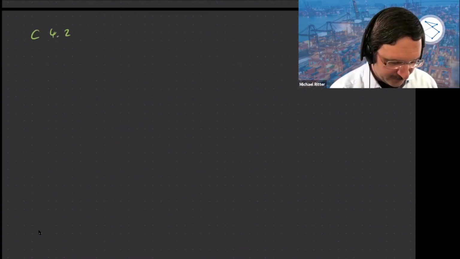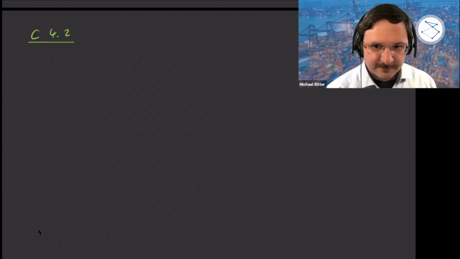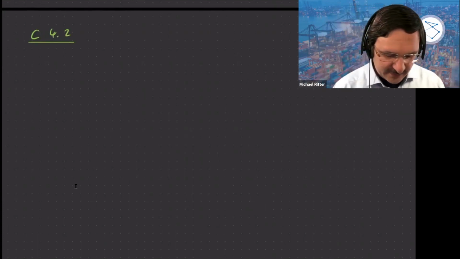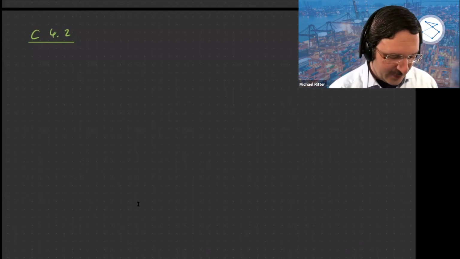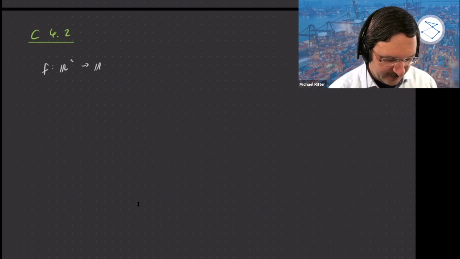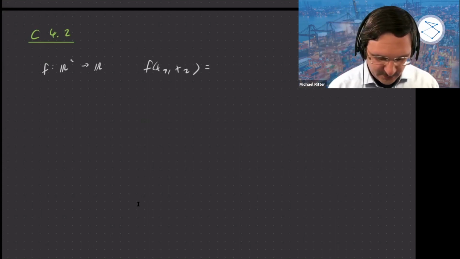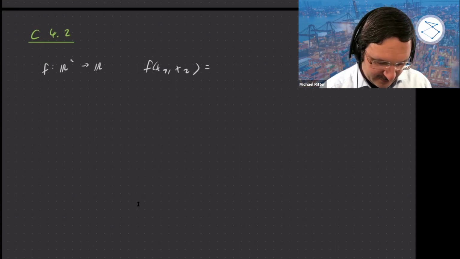C42? That's going to be a little more abstract. We have a function R2 to R defined as f of x1, x2. That definition has two different cases.